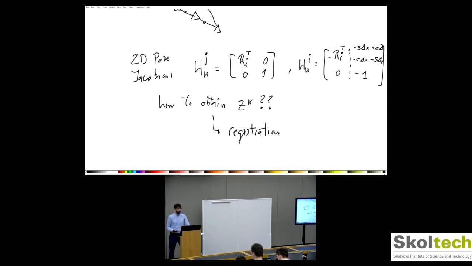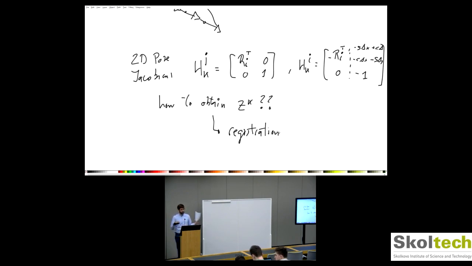It's registration, right? You have a couple of images, a couple of sensor readings, and you want to align them. So you need to find the transformation that allows you to match whatever you're observing from one sensor and whatever you're observing from the second sensor. There's going to be a transformation, and I'm saying it's a rigid body transformation between the two observations.